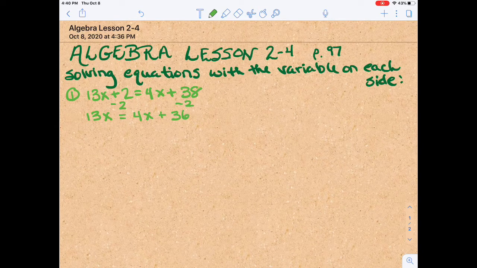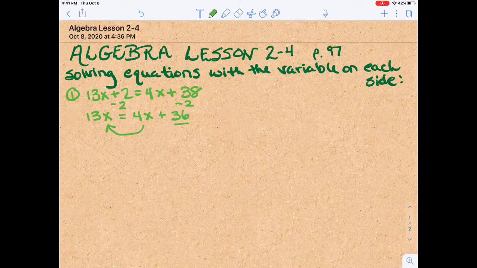All right, now I'm seeing a little clearer that I want to get my x's together, and I think I want this one to move over here, because if I were to subtract 13x now, I would end up with 0 over there on the left, and I would still have this number hanging out over here with the x's, so it doesn't really get me where I want to be as quickly. None of those things are wrong.